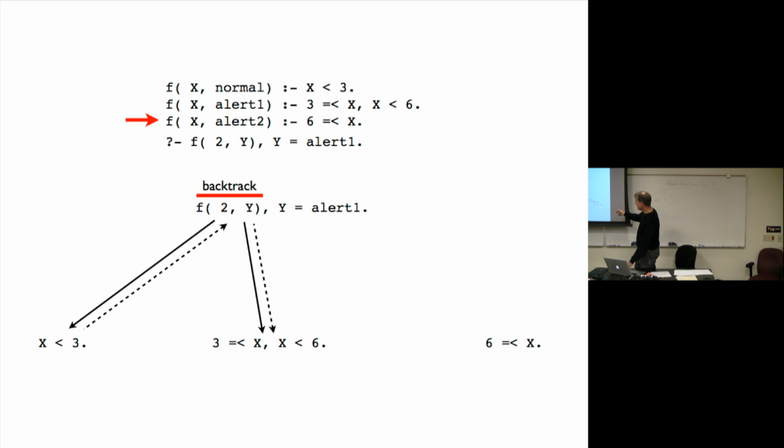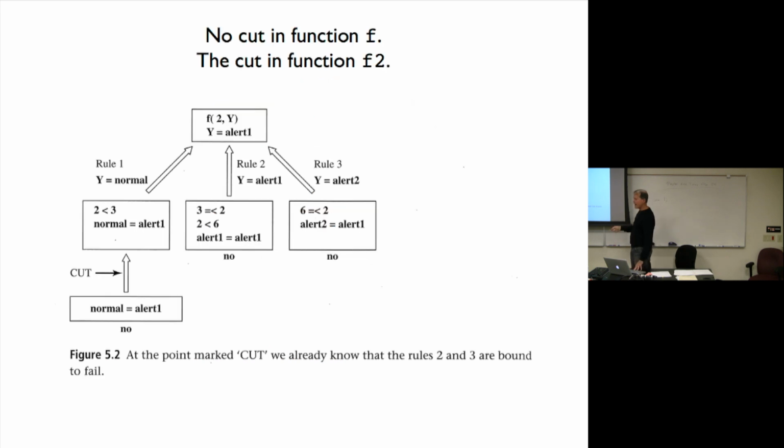It's going to come to here, right? But now, x is going to be instantiated to what? But then what's going to happen? Wait, no, this fails here, doesn't it? Right? Okay? So here's what happened.